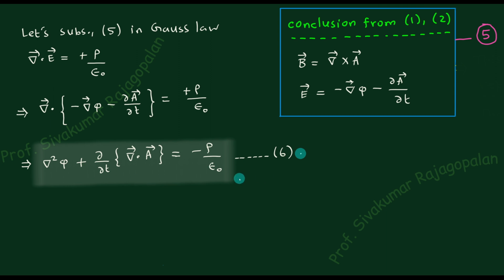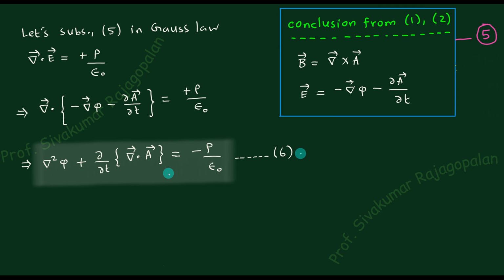But the only disadvantage, of course, you have written the equation number, that's fine. If you compare the Gauss law and this particular equation, it is very clear that the divergence of E equal to rho by epsilon naught appears to be a reasonably simple equation. But when compared to equation number 6, it looks a little complicated. So solving this kind of equation is a little more complicated.